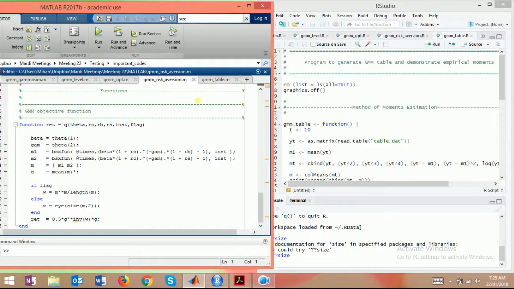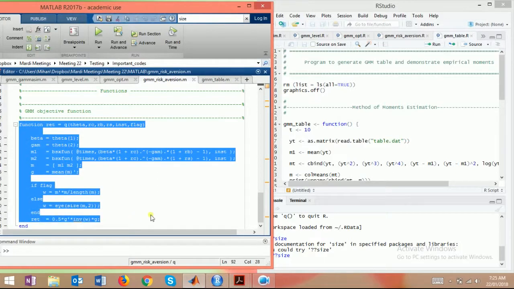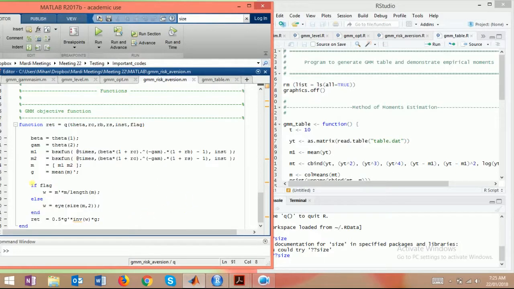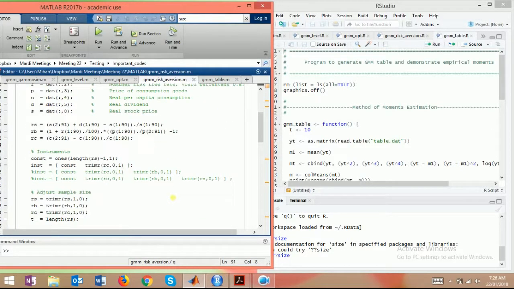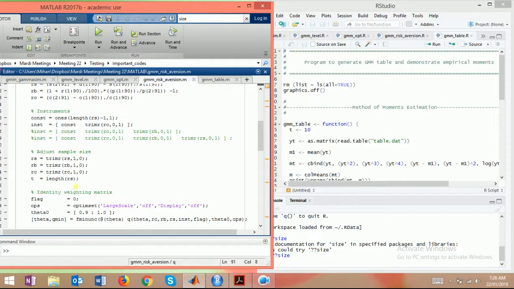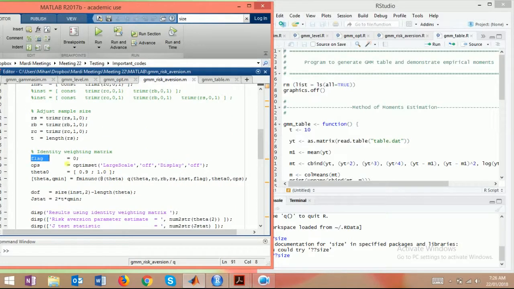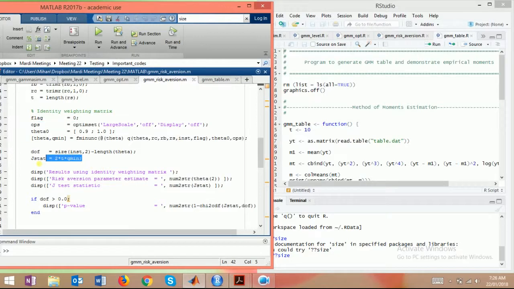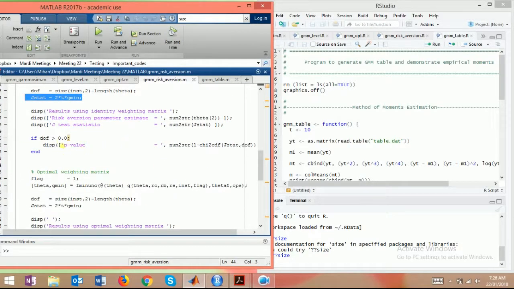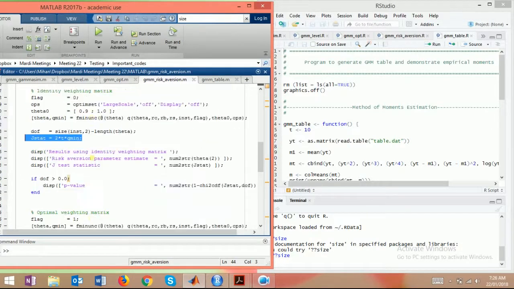However, if we are to look into the risk aversion problem, again the steps are very simple. You just create the function, and there will be flags, that's all. Then load the data, adjust sample size, identify the weighting matrix. If there is no flag, we run this optimization function with jstat.